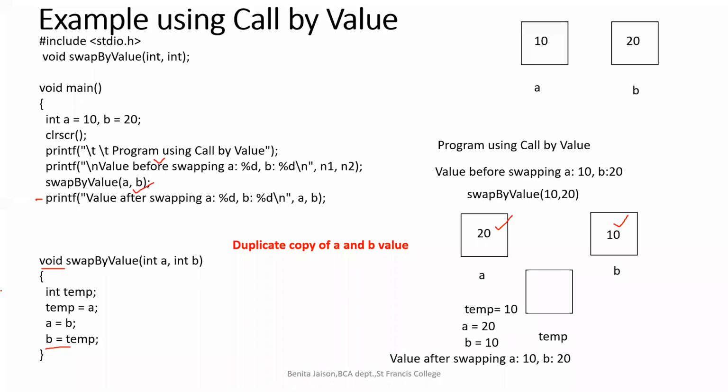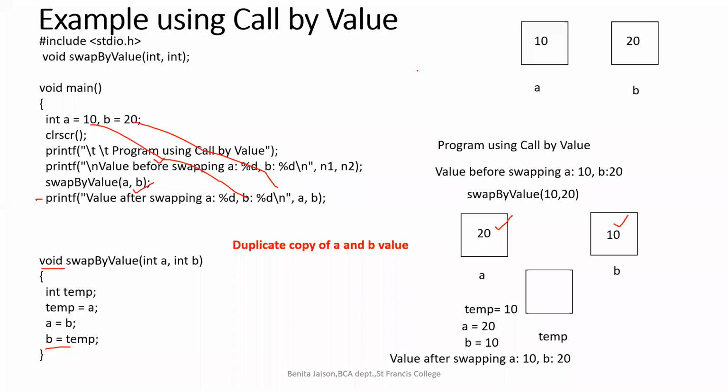But as the control moves back to main and prints the values, it will print only the values of the variables used in main. Understood? A value will be 10 and B value will be 20 itself. All are in confusion. As we are not returning, listen here, the values are not interchanged.